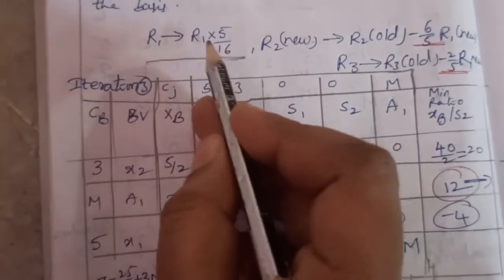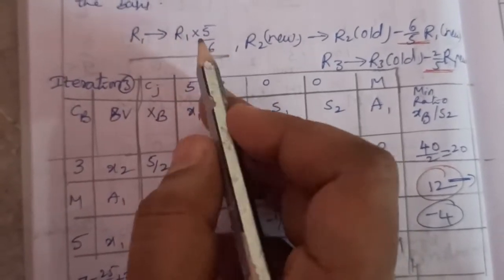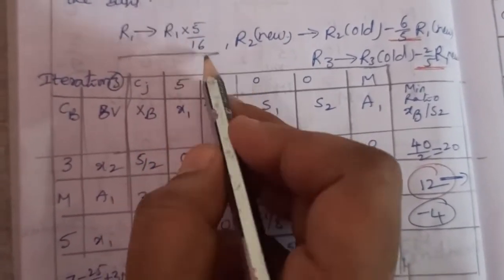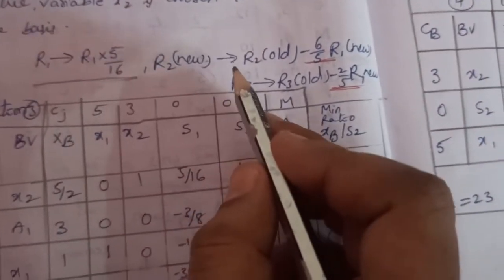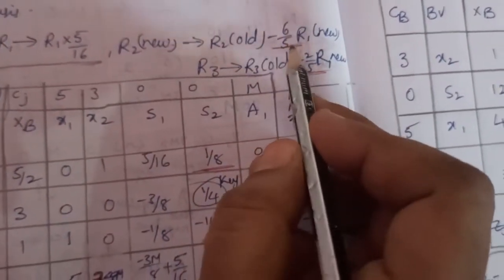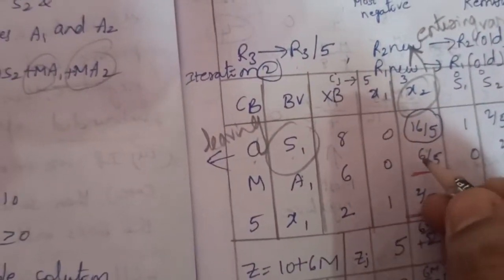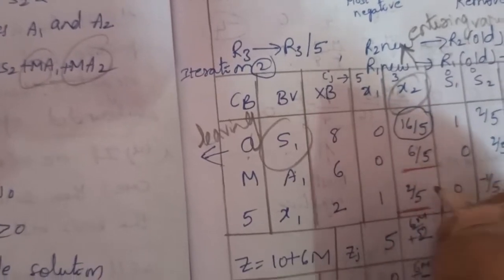R1 changes to R1 into 5 by 16, because R1 divided by 16 by 5 means R1 into 5 by 16. Next R2 new changes to R2 old minus 6 by 5 into R1 new. Here 6 by 5 is for the R2 representation.